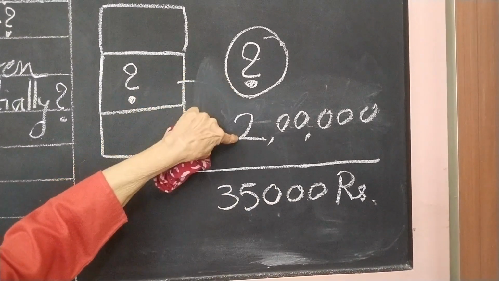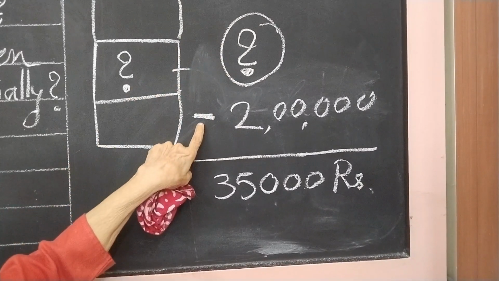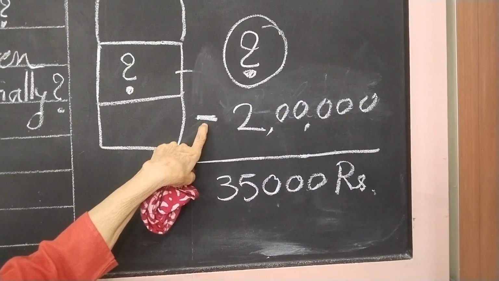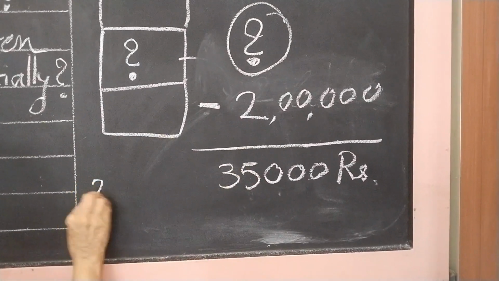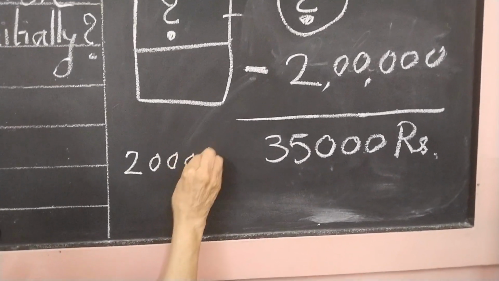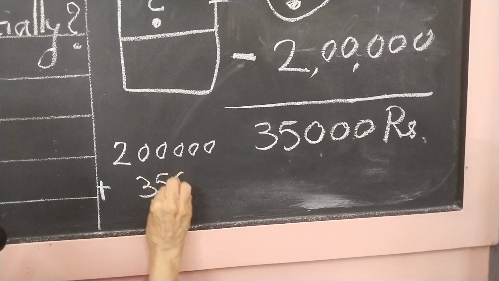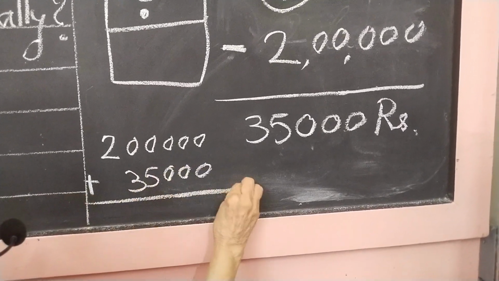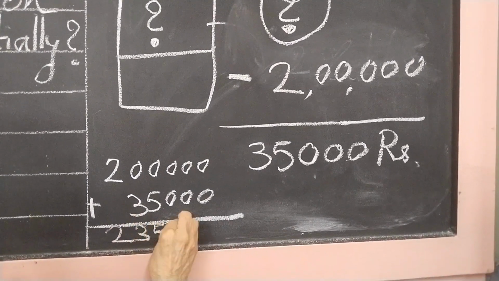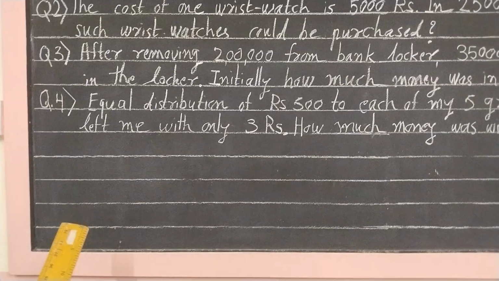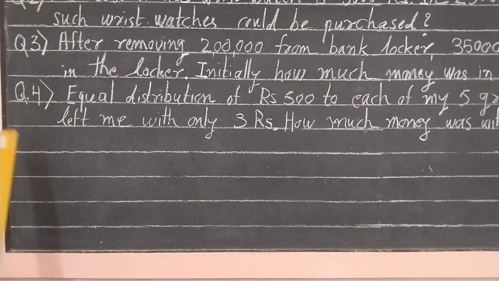But here, out of 2 quantities, one is unknown and we have to find out this. So, flip it here. Instead of minus, we will be doing plus. So, 2 lakhs plus 35,000 will give us this amount, which was initially present.